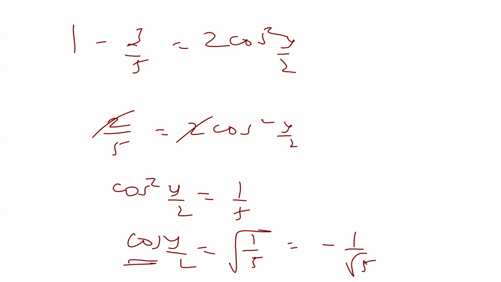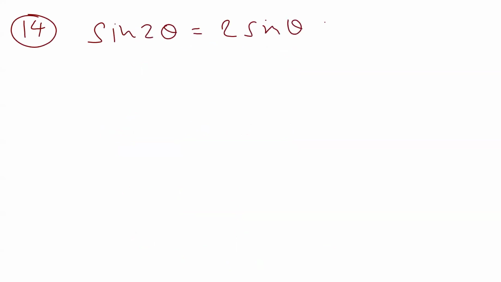Okay, so let us go to question number 14. Let's take question number 14. Derive formula for the following in terms of 2 theta and then in terms of theta. Now see, sine 2 theta is equal to 2 sine theta cos theta. Okay, therefore they are asking sine 4 theta.